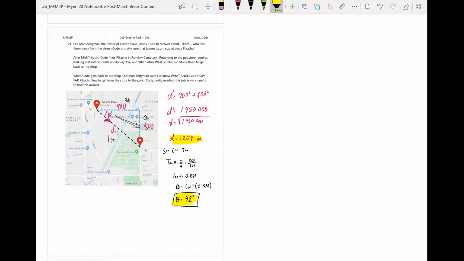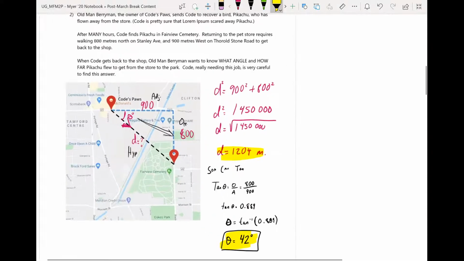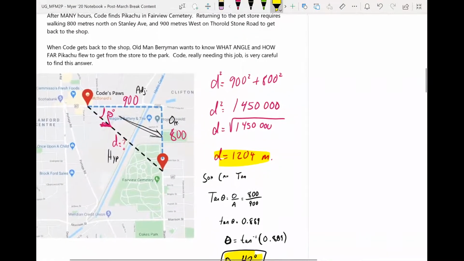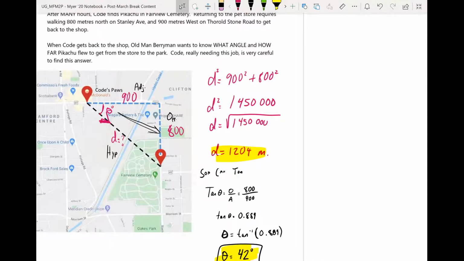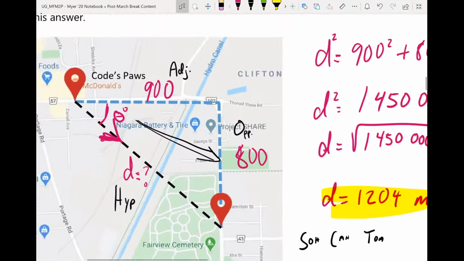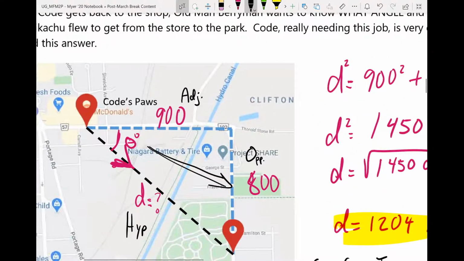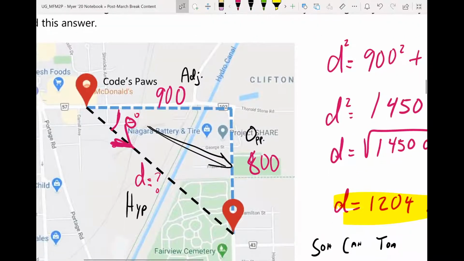Oh, wait, but is that the right angle? Because we're looking for the angle in between adjacent and hypotenuse. Yes, Old Man Berryman was asking the angle that the bird flew to get to the cemetery, right? So I just picked this angle. It's kind of debatable which one you would normally take, but in this case, as long as you show me the work and how you got there.